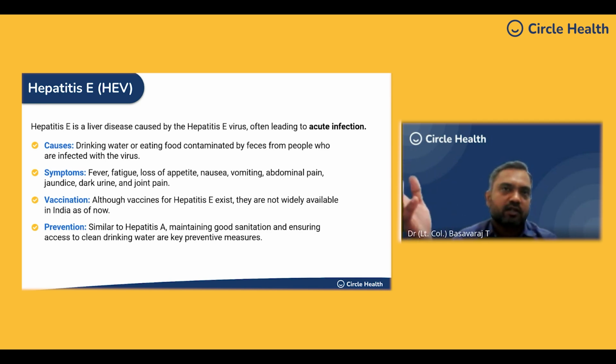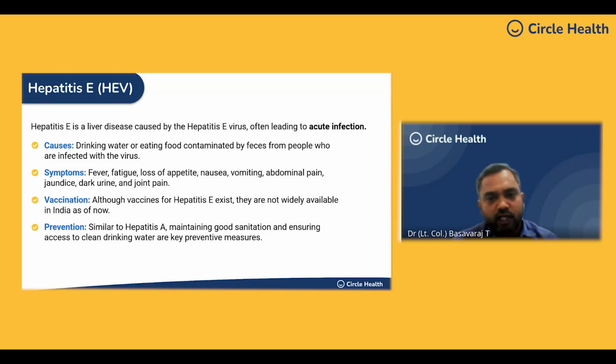Now, the conversion from acute, that is lasting less than 6 months, to more than 6 months, is there, but people can recover within 6 months only. But it doesn't mean that the virus is completely off your body. You need to understand that there is a chance of going into chronicity, but there is also a chance of not going into chronicity and recovering from it.